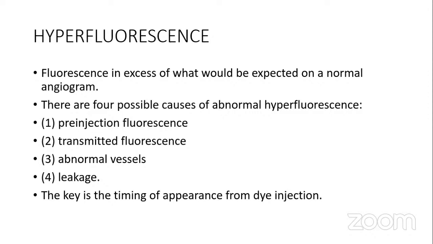Okay. So the possible causes will be a pre-injection fluorescence, a transmitted fluorescence, abnormal vessels and leakages, and pooling. So time and place are very important in this. When you see the fluorescence, where you see it, and what pattern it gives.